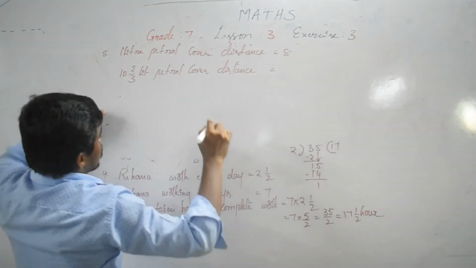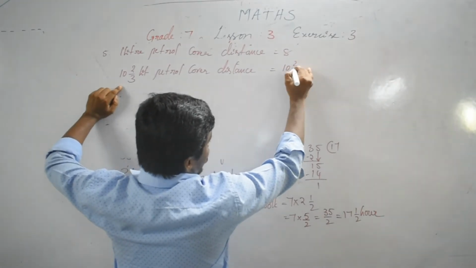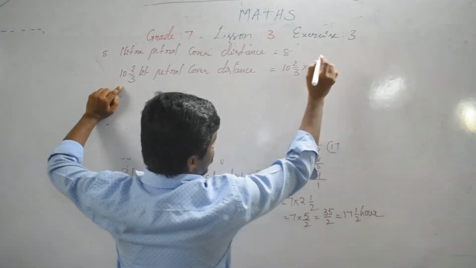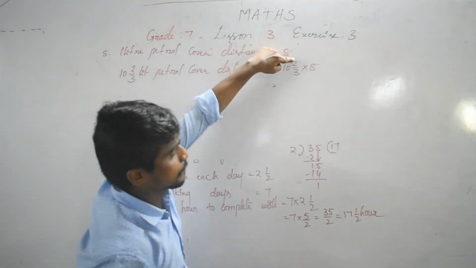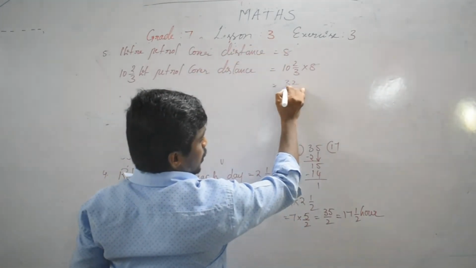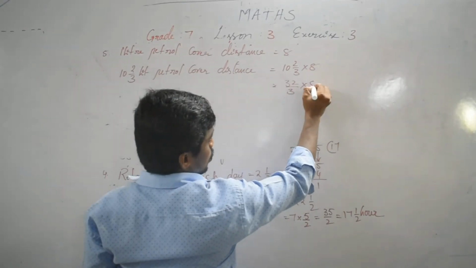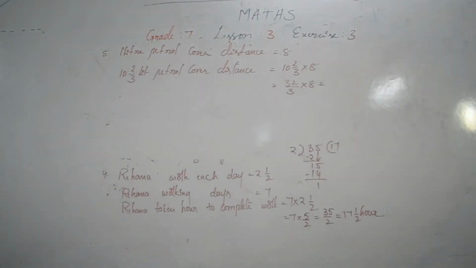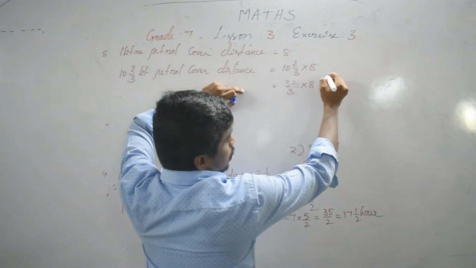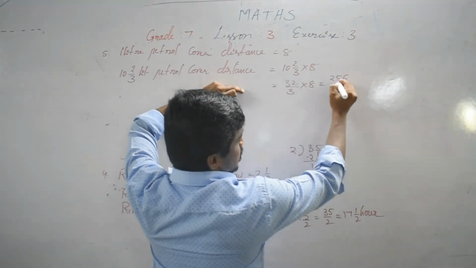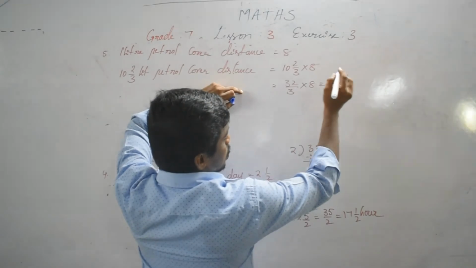How much? 10 2/3 cross out 8. So 3 10s are 30 plus 2, 32/3 cross out 8, 256/3. So division.